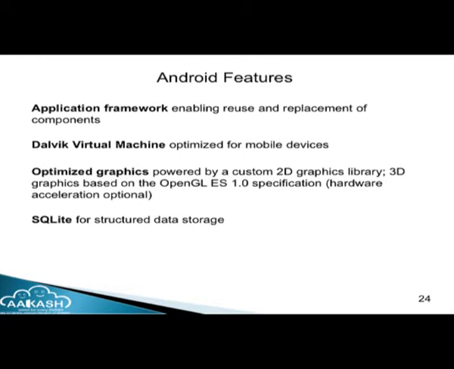These are some out-of-box features that Android gives us, like an application framework enabling reuse and replacement of components. Now this is a pretty interesting feature to understand as a developer. There are so many applications already available out of the box for you. Whenever you want to use any application, you don't need to code for it.